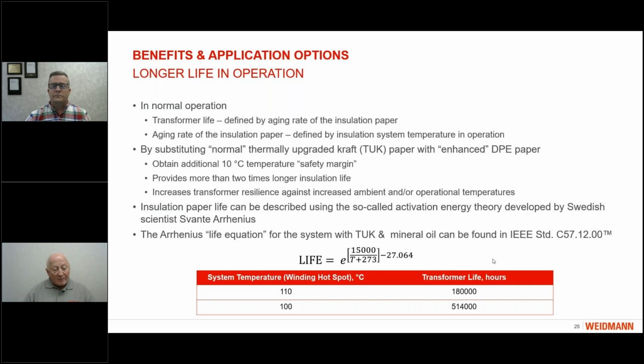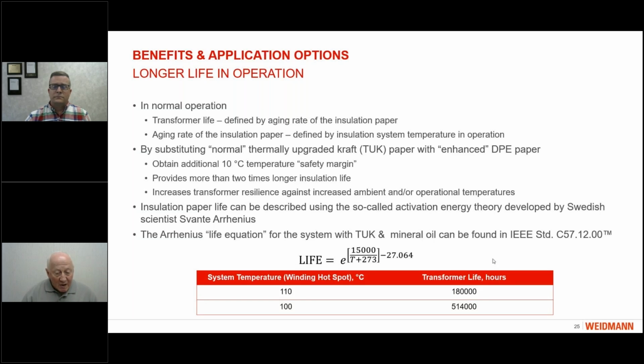This specific equation is for thermally upgraded kraft paper in mineral oil. For this system, the maximum long-term temperature is 110 degrees, and this equation gives us 180,000 hours of life of insulation at 110 degrees.